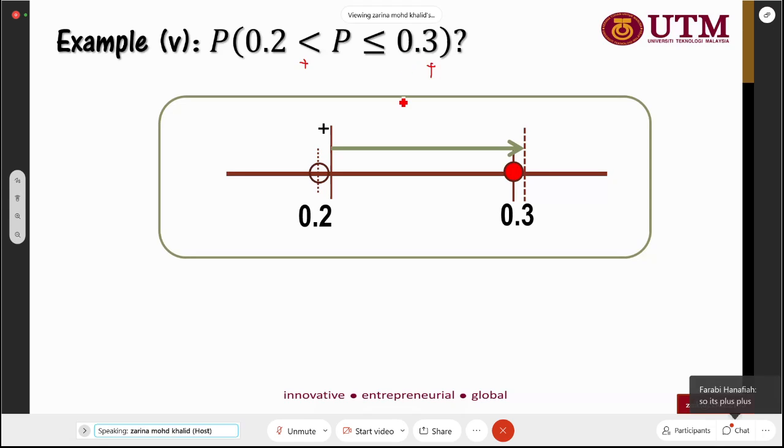So it's plus plus. When you CC, it has to be plus plus. 0.2 plus 1 over 2n, 0.3 plus 1 over 2n.